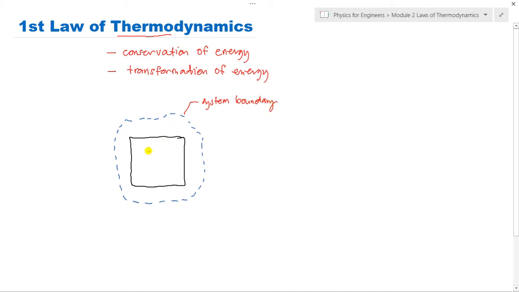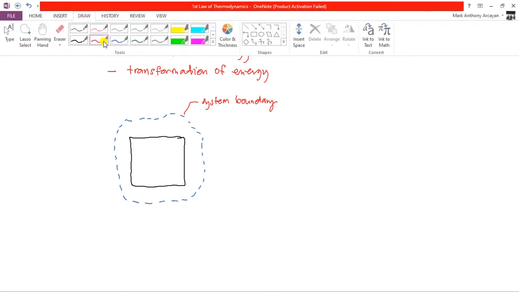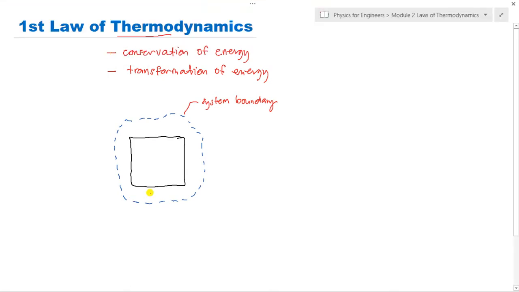And of course, this is the focus of our thermodynamic analysis, the box colored black. So in a system, based on the first law of thermodynamics, if I'm going to input heat, let's say I heat it, in this way I input heat, which is Q.